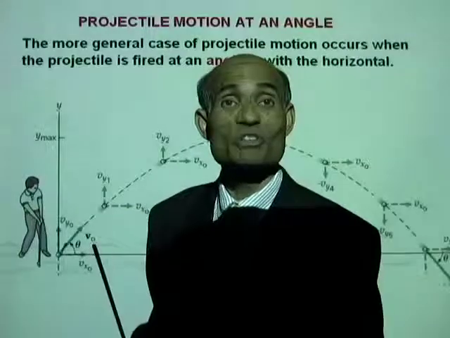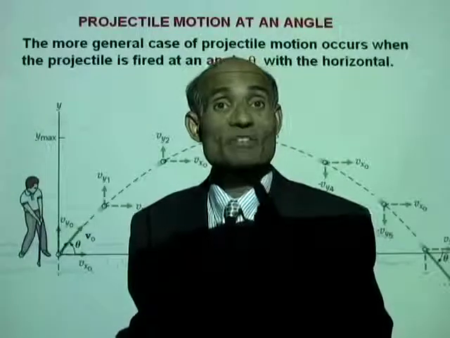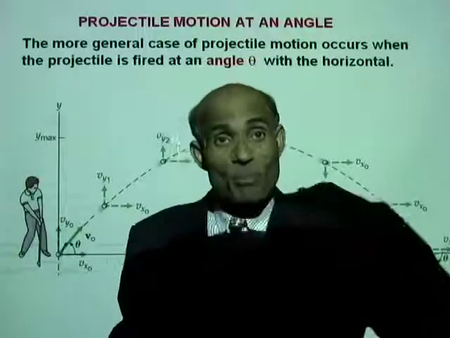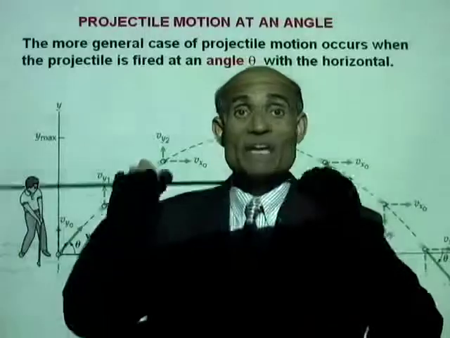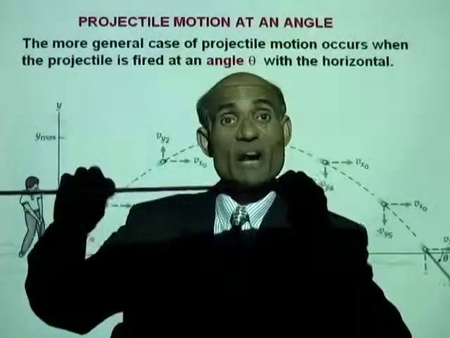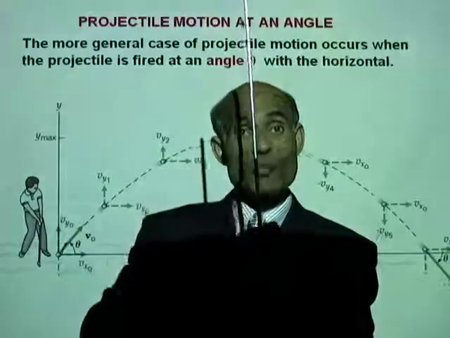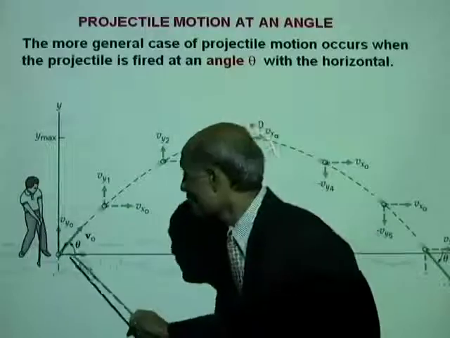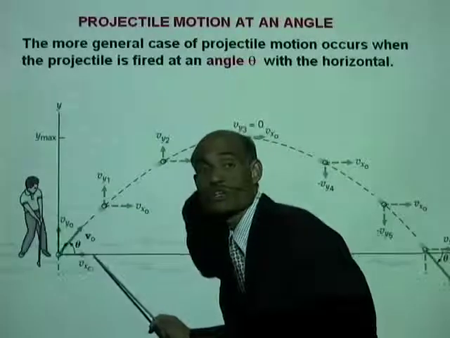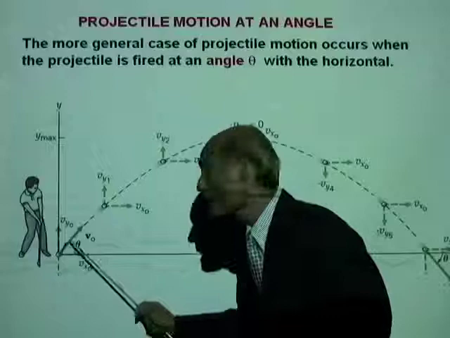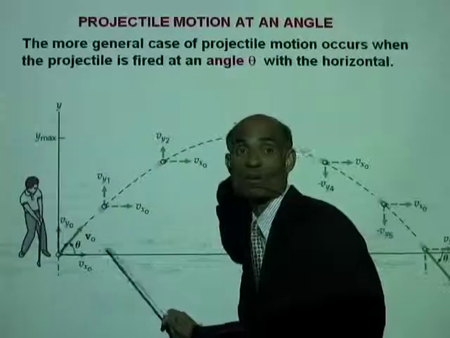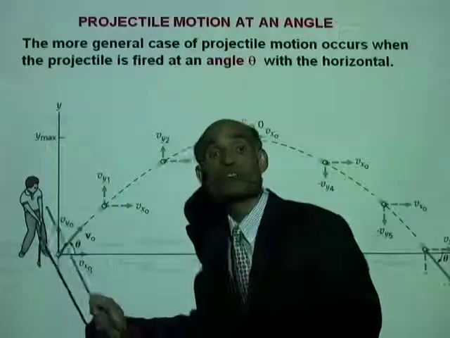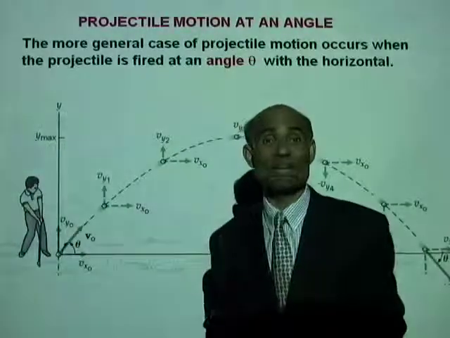You know from our discussion on vectors, if a vector v makes an angle theta with the positive x-axis, its x component will be v times cos theta and its y component will be v times sine theta. So the x component of the velocity will be v0 times cosine of the angle theta, and the y component will be v0 times sine of the angle theta.